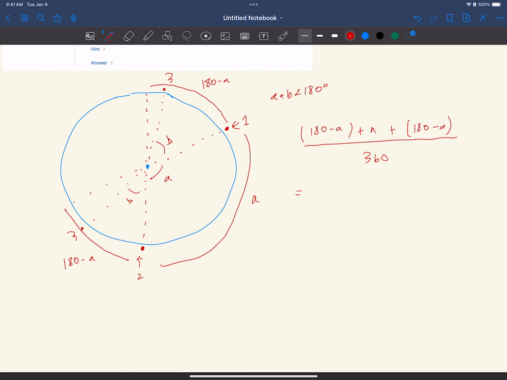And so this just becomes a simple math problem. It's 360 degrees. Simplify the numerator. It's 360 minus A over 360, which is also equal to 1 minus A over 360. So this is the probability that the table does fall over.